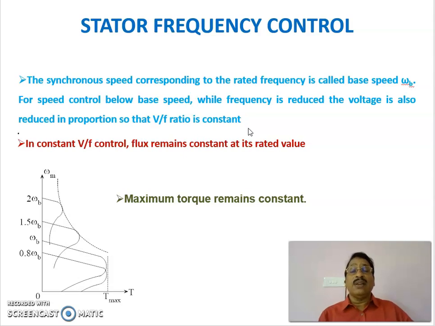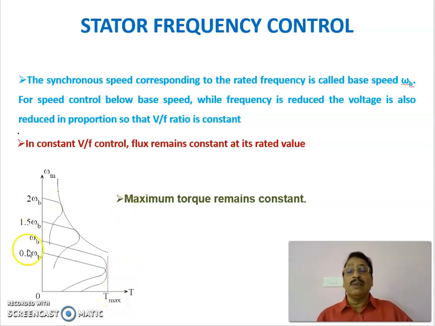Therefore, as frequency reduces, the voltage also reduces, keeping V by F constant. Therefore, flux remains constant at its rated value. That's called the V by F control. That is done for speeds less than the base speed.